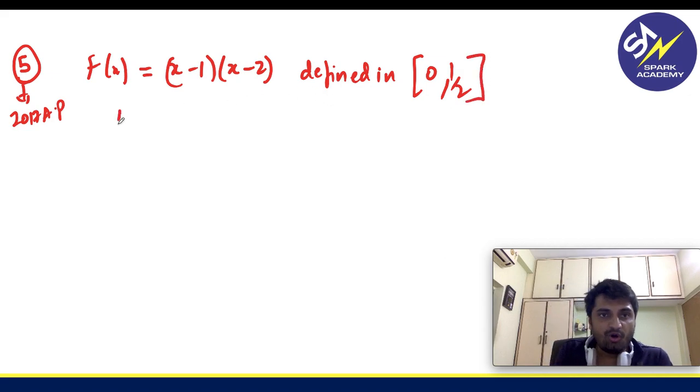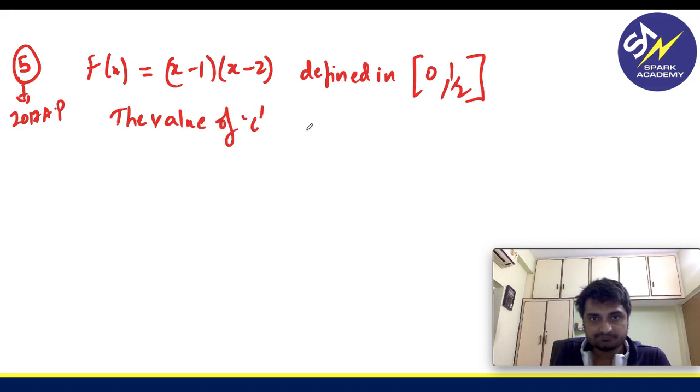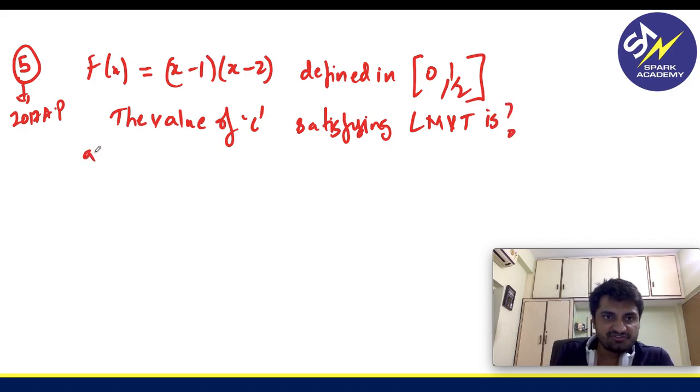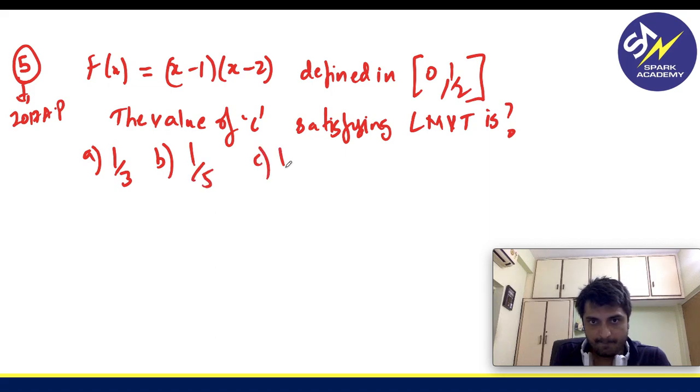So the value of c satisfying the Lagrange's mean value theorem is, options are 1 by 3, 1 by 5, 1 by 7, 1 by 4.